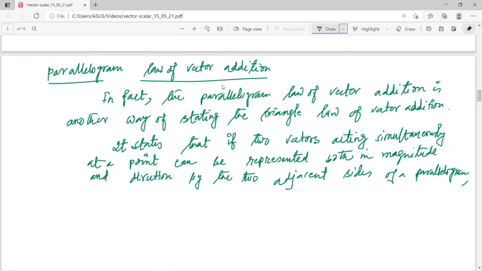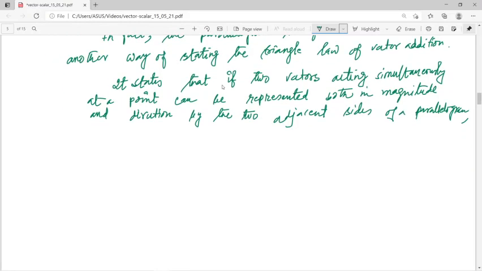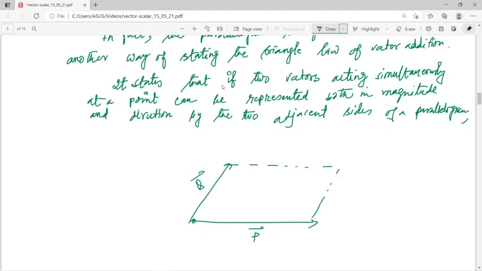That means in the triangle law, the resultant is represented by another side of the triangle in opposite order. But in this case, if we represent one vector as a side of the parallelogram, one is P and the other is Q, and then complete this parallelogram, the diagonal will represent the addition of these vectors.